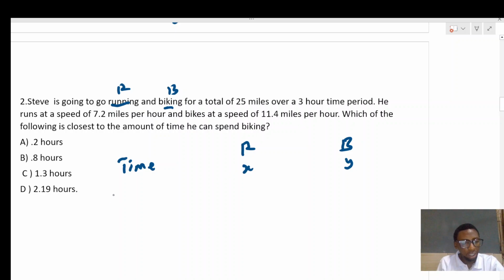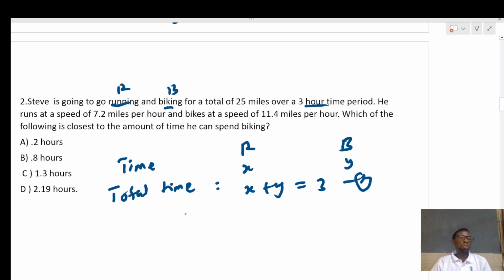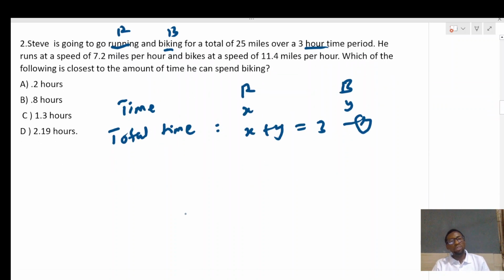So the total time for running and biking is 3 hours. So that's x plus y equals 3. Equation 1. This is actually equations and systems of equations, just a word problem. Then look at the next statement.